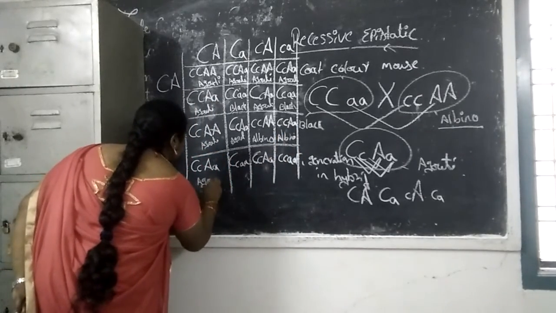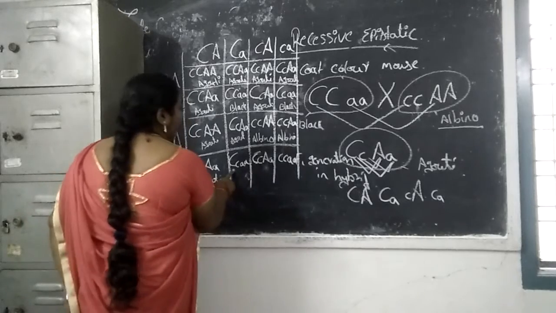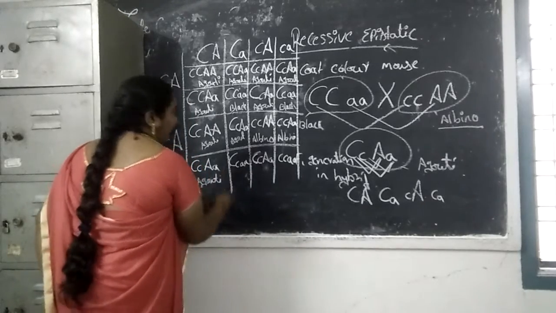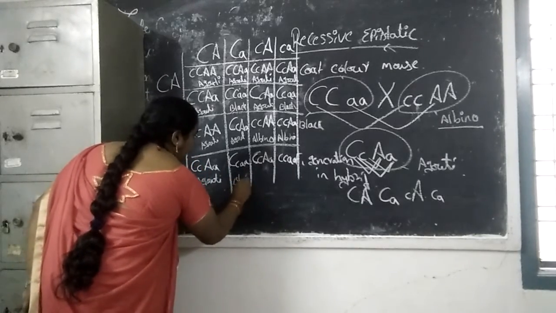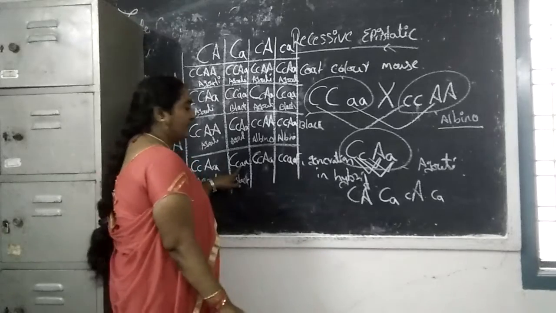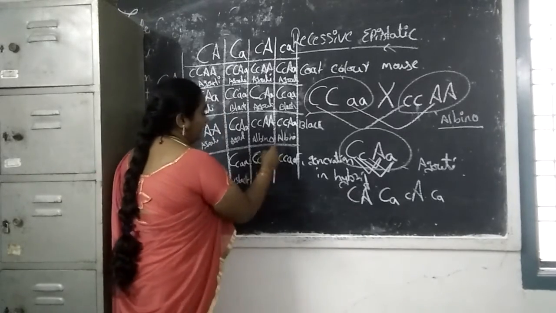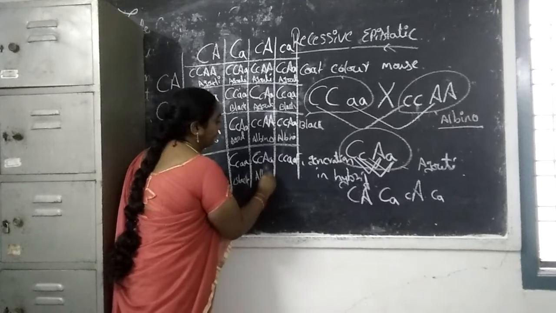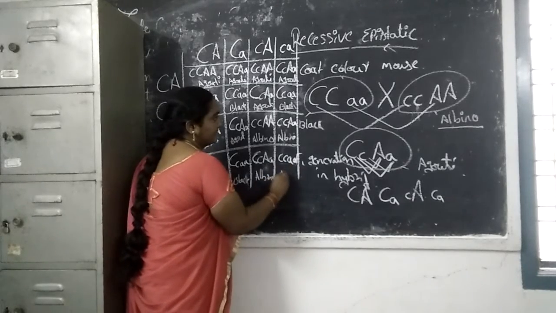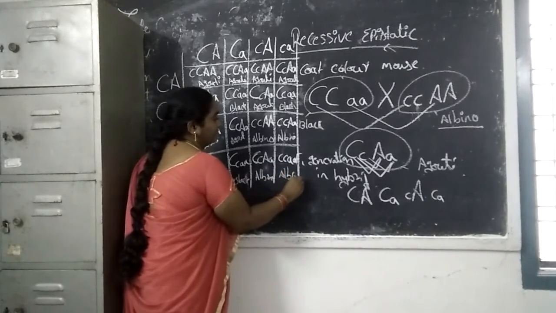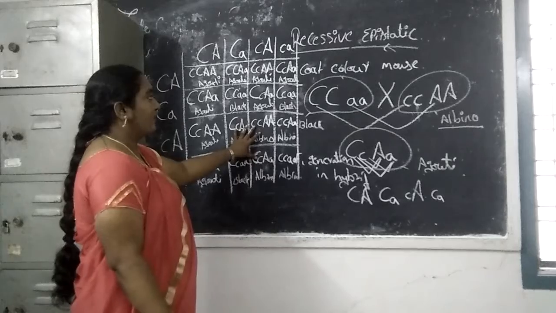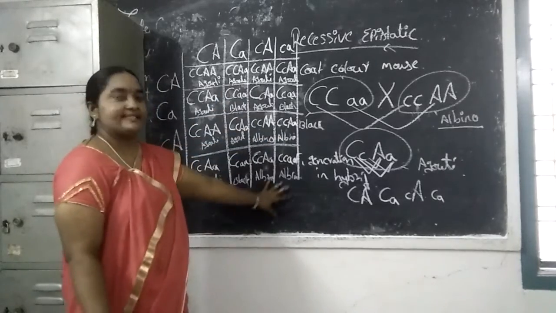Agouti. So it is represented by black. Why? Because it is a recessive character, small a. The next one, albino. So all small c characters are named albino. That is called the arrangement of the genes.